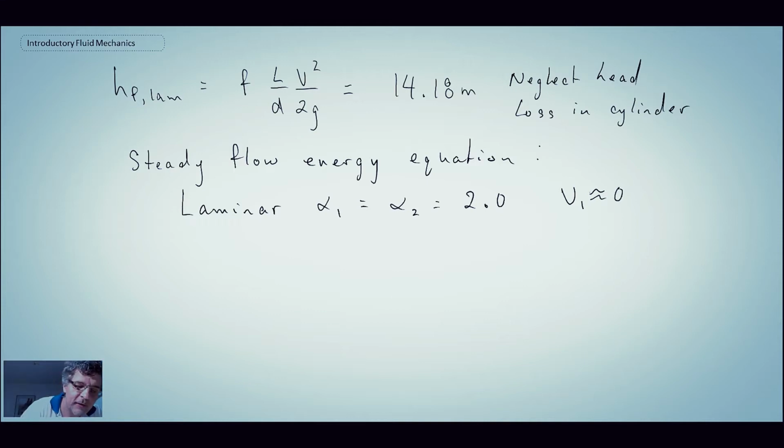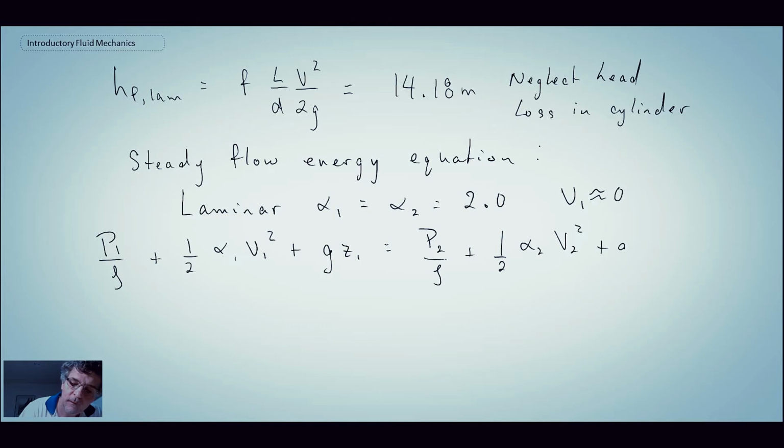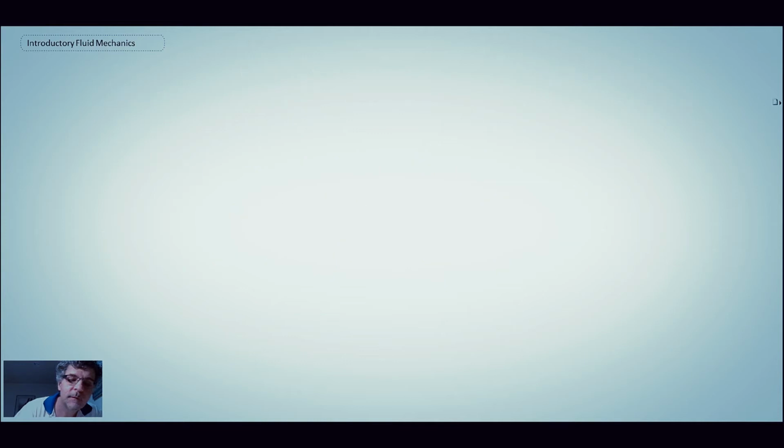So writing out the steady flow energy equation between states 1 and 2, we can make one cancellation to begin with. We're assuming that the velocity in the larger cylinder section is approximately equal to 0. And the other thing we can say is P2 is equal to P atmosphere, because the flow out of the needle is going into the atmosphere.